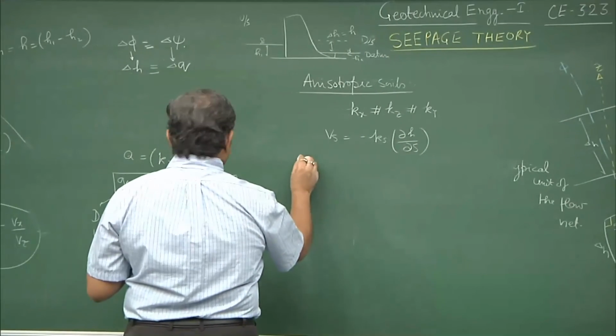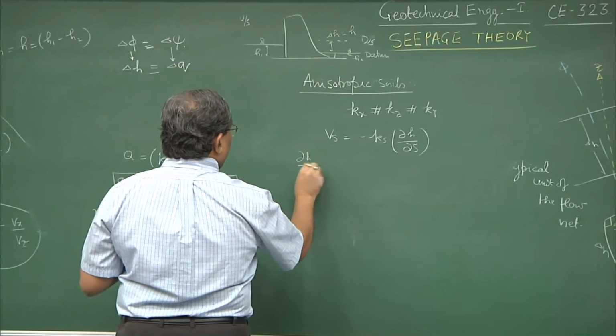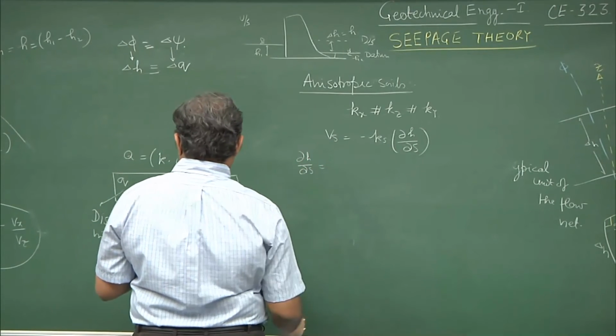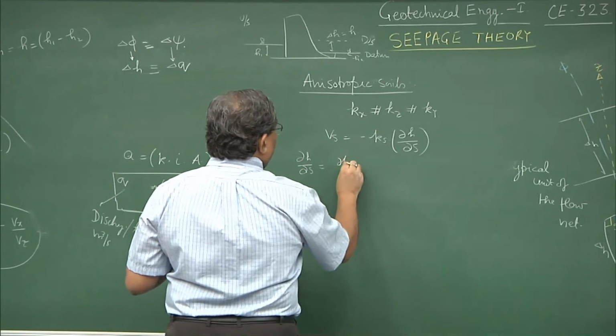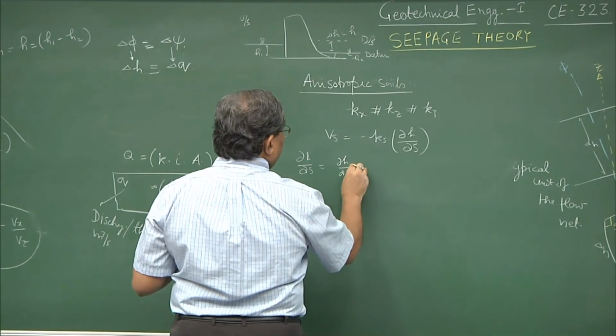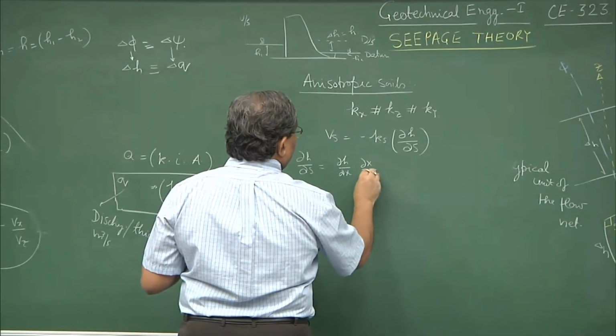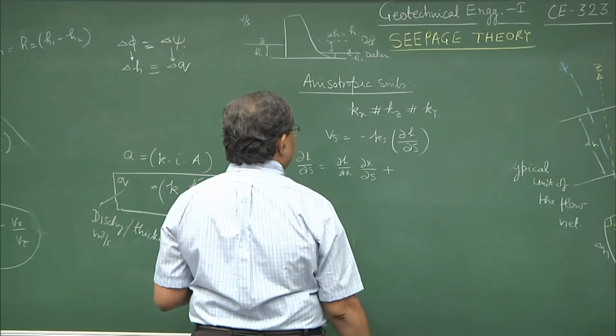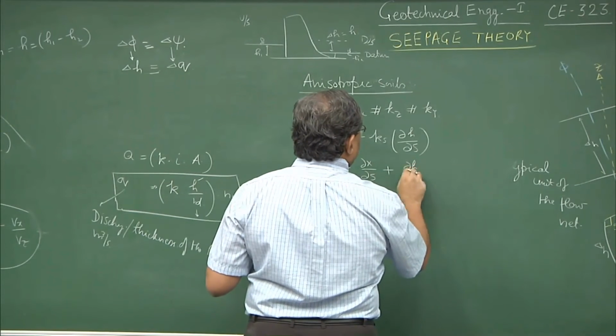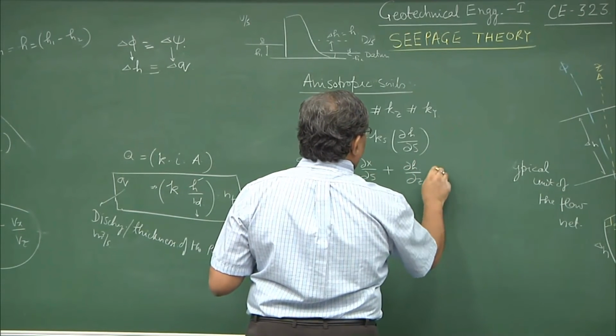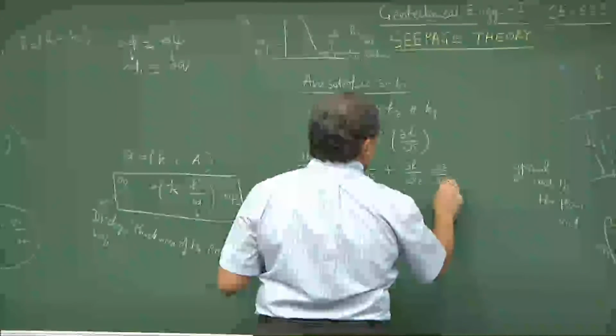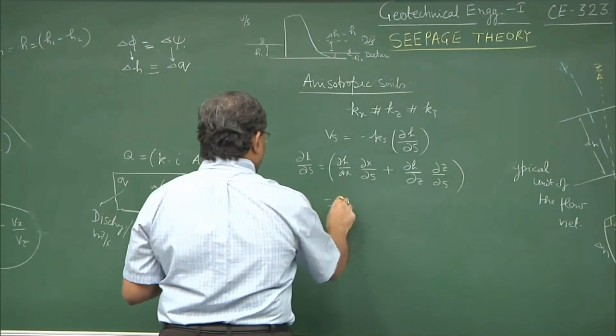Now, if I solve this function, del h upon del s will be equal to del h upon del x into del x upon del s plus del h upon del z into del z upon del s.